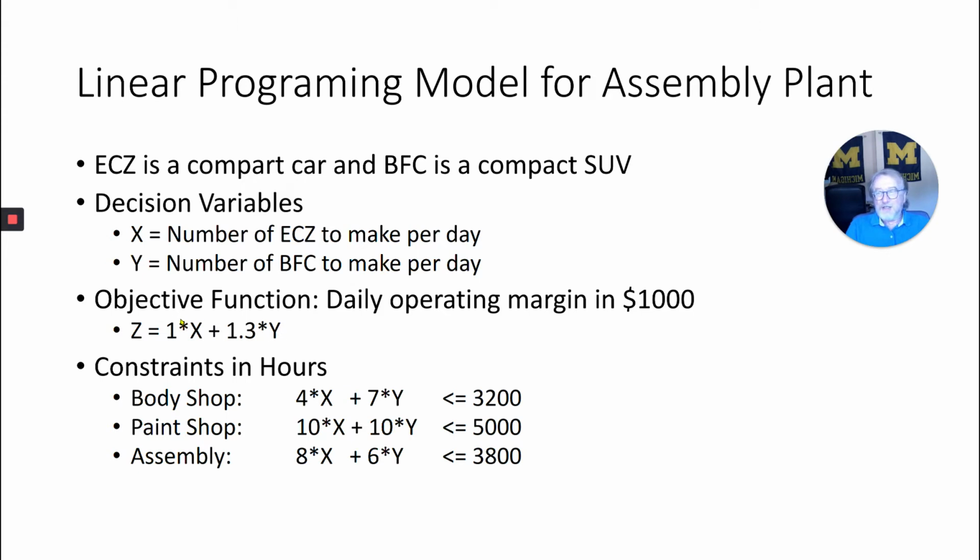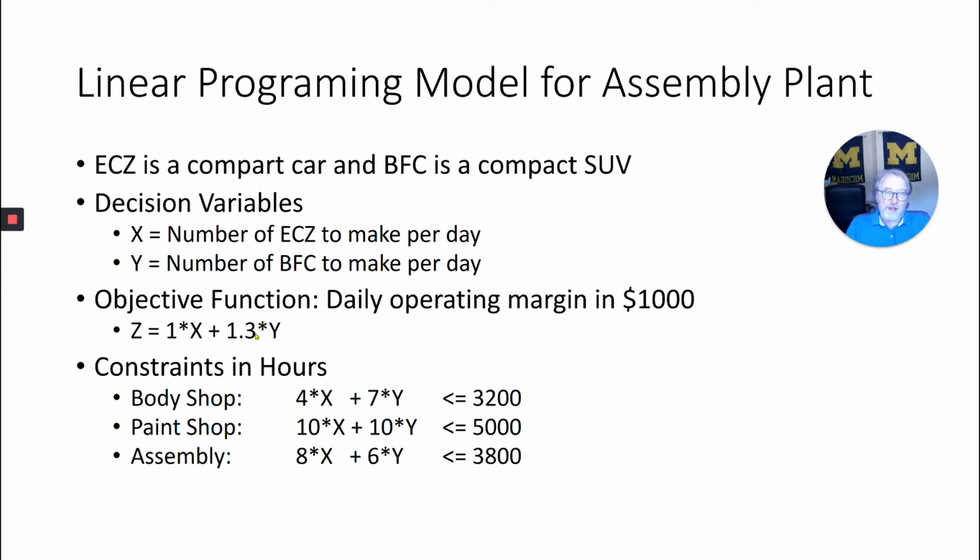Obviously we'd like to maximize this objective function. More money is always better than less money. And you might say, just make as many SUVs as possible because SUVs have a higher margin.